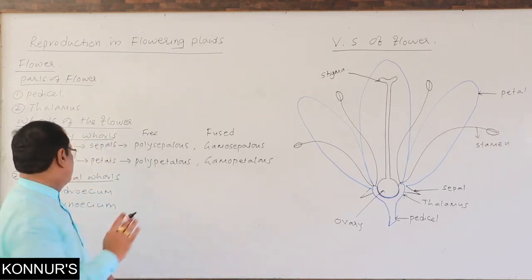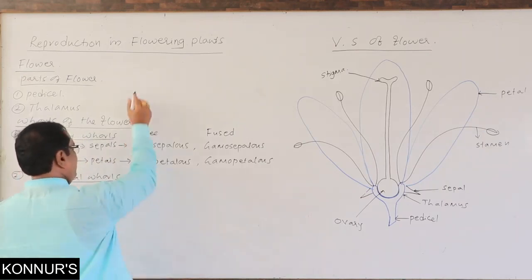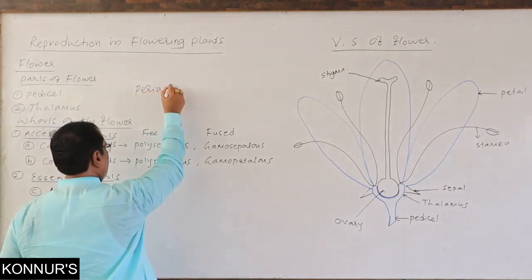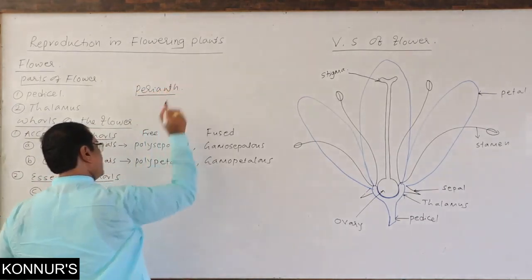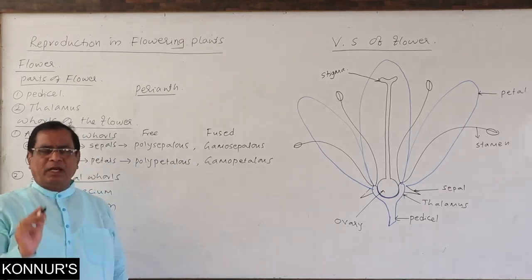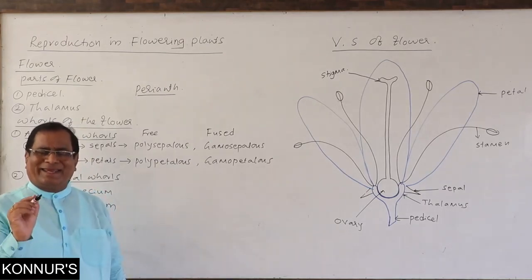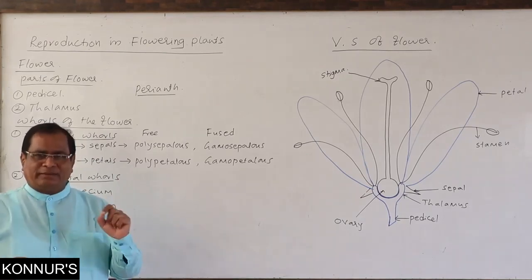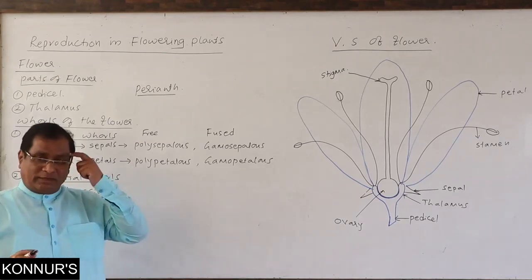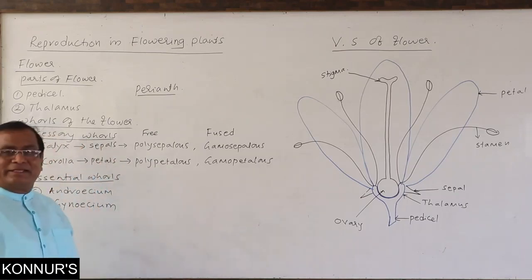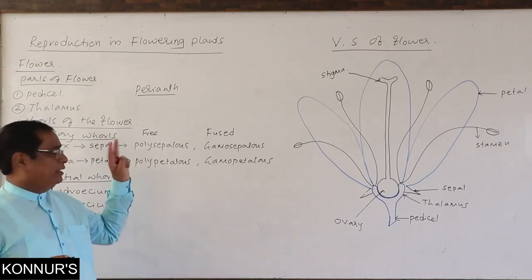Under that condition, they are said to be perianth. What is perianth? Undistinguished calyx and corolla is said to be perianth. In some flowers, we can expect undistinguished calyx and corolla. That is said to be perianth.